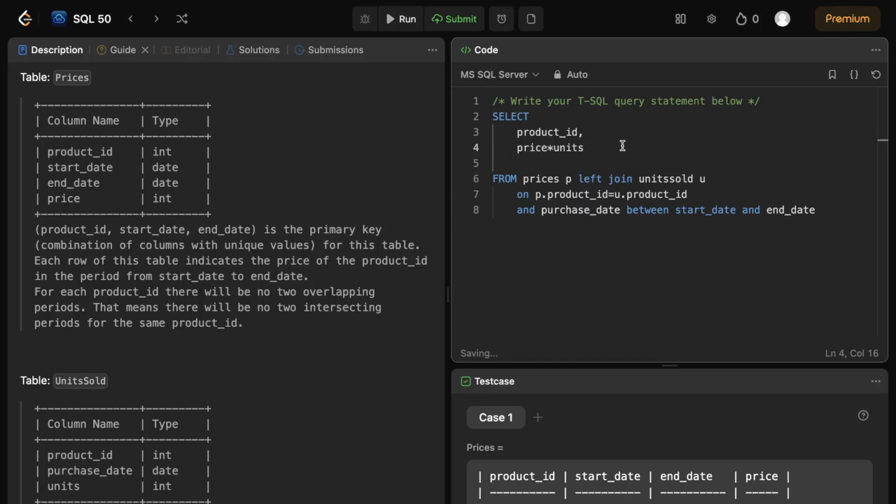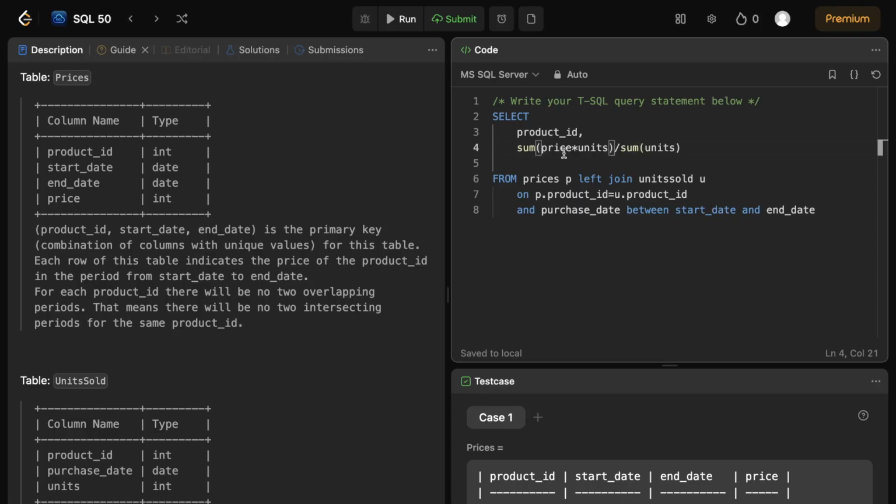So this will give us the total price including all the units for each particular date, and if we divide it by the number of units sold, this will give me the average selling price of each product.